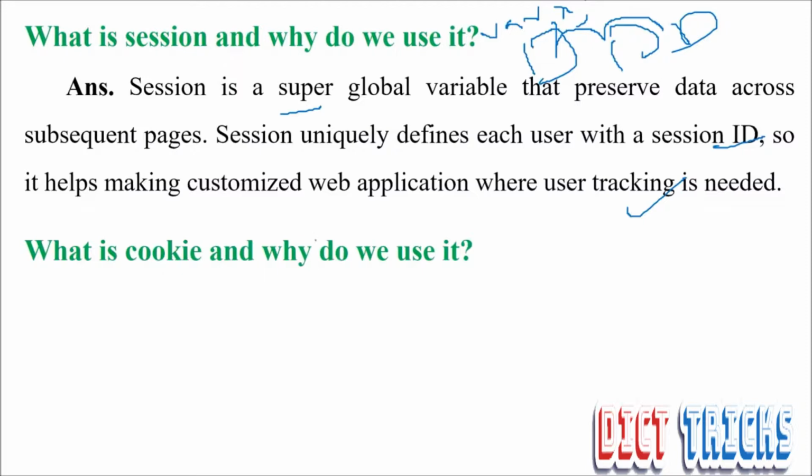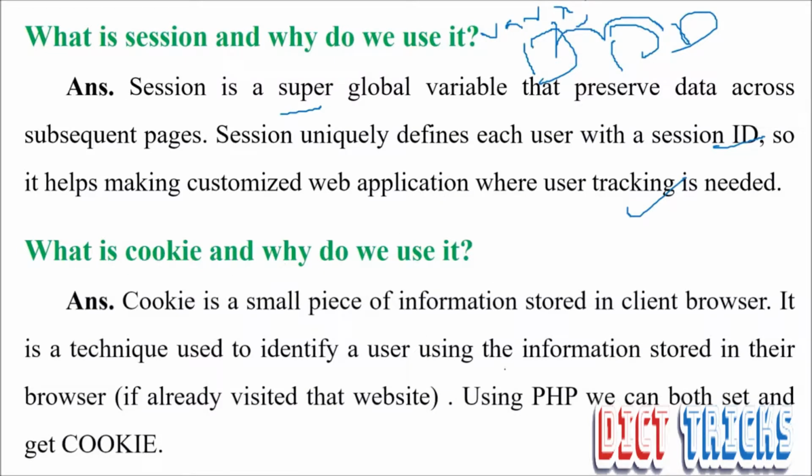What is cookie and why do we use it? Cookies are very small scripts, say, or small data which is held in your browser or your system. So a cookie is a small piece of information which is stored in your client browser, and it is a technique used to identify a user using the information stored in their browser.